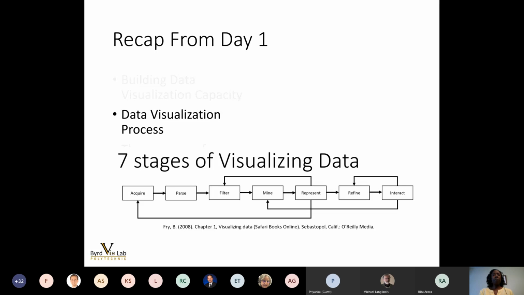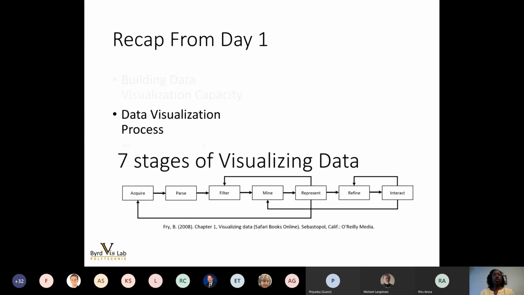And as you could see, there are 7 stages, and each stage impacts the other stages in this process. So data visualization is an iterative process, although presented yesterday and in this slide in a linear fashion. What I hope that you will remember is that it is nonlinear, and you can be in any of these stages at any given time.